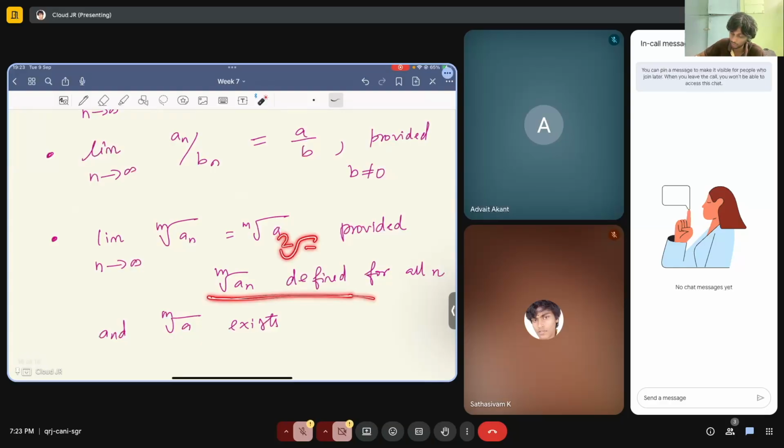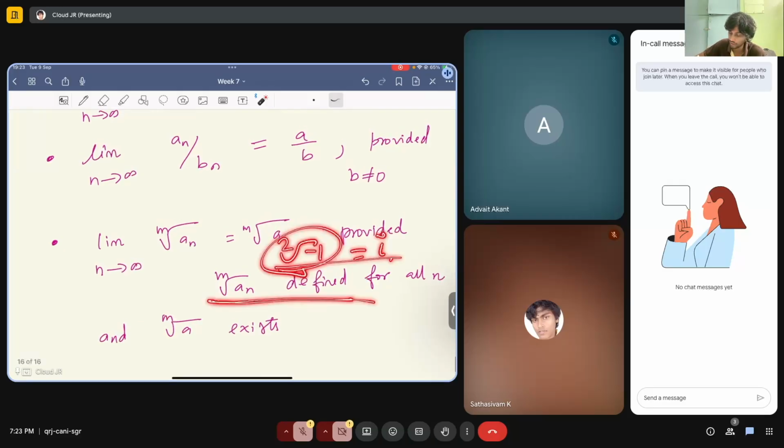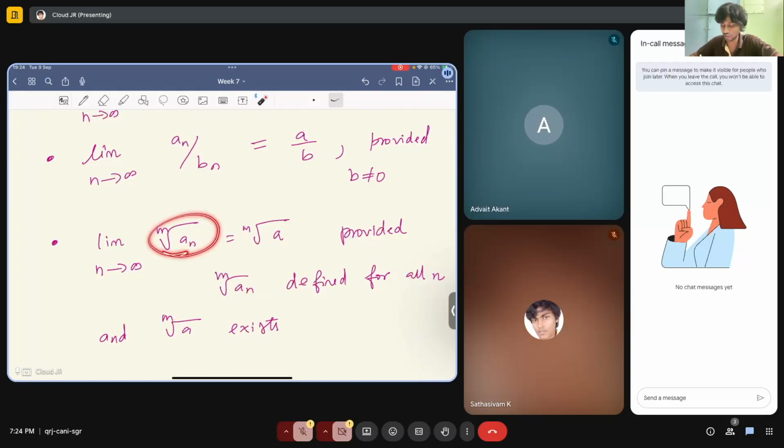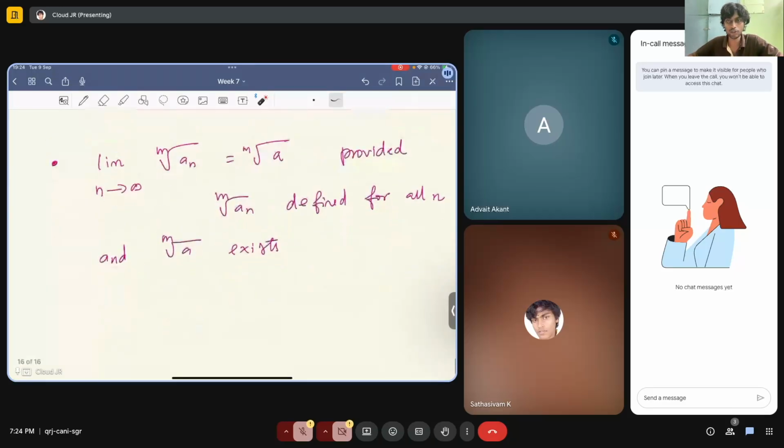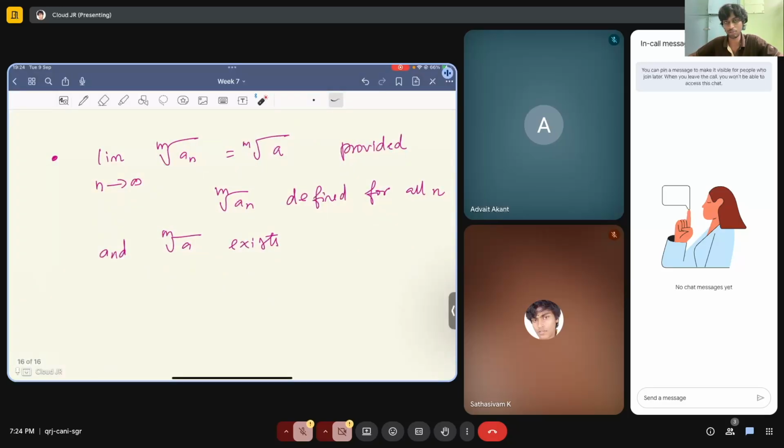Because if you take something like the square root of -1, you can say it's an imaginary number, but it's not a real number, right? So inside the domain of real numbers, the square root of -1 is not defined. So whenever the mth root exists in real numbers, and here also it has to exist, then you have this algebra of limits. Otherwise it does not work. The proof one can do, but I will just skip the proof because there is not much we gain by proving it.